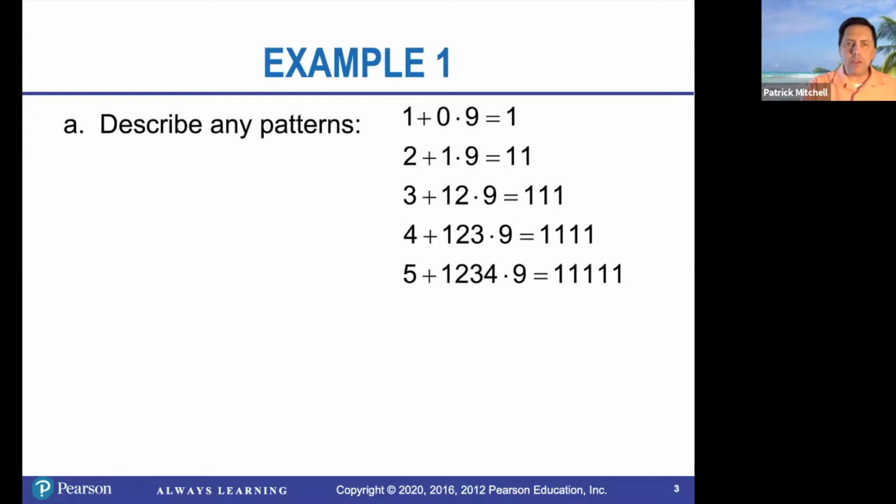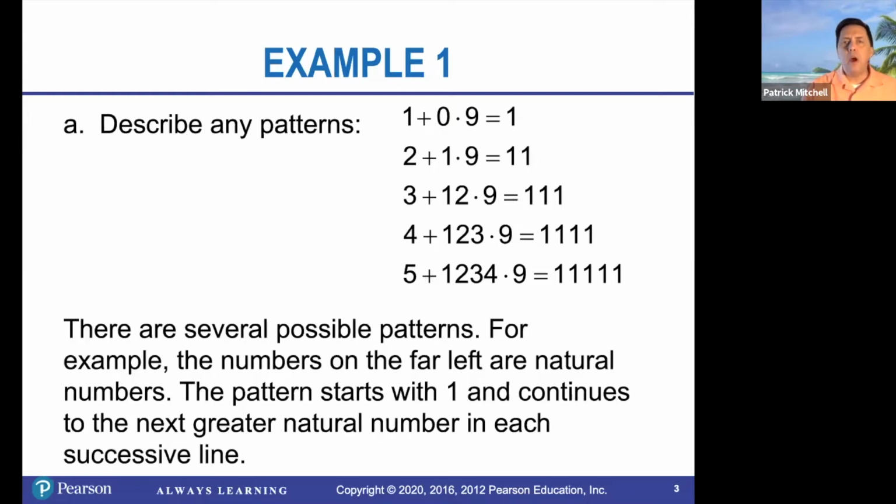So if we start with the easiest pattern, we could say that the first addend, the first term in the sum, is a natural number. It's the nth natural number. It goes 1, 2, 3, 4, 5, going down this way. So that's probably the simplest one.